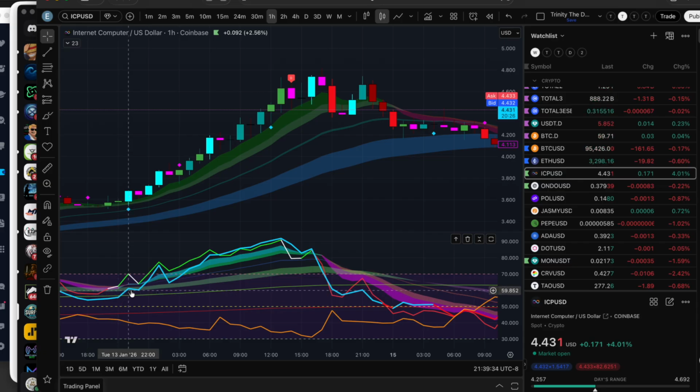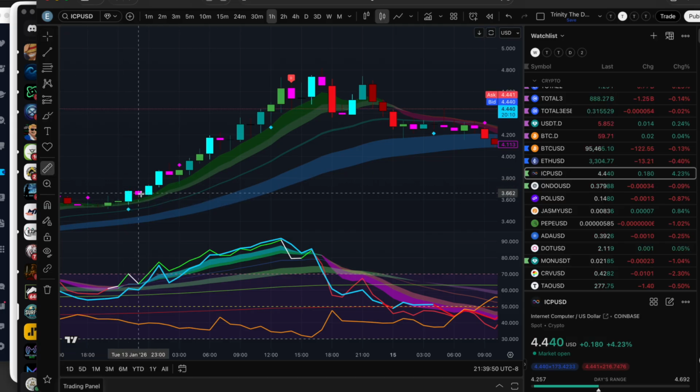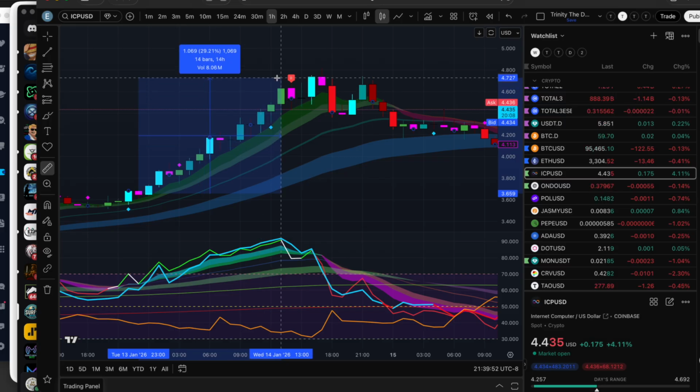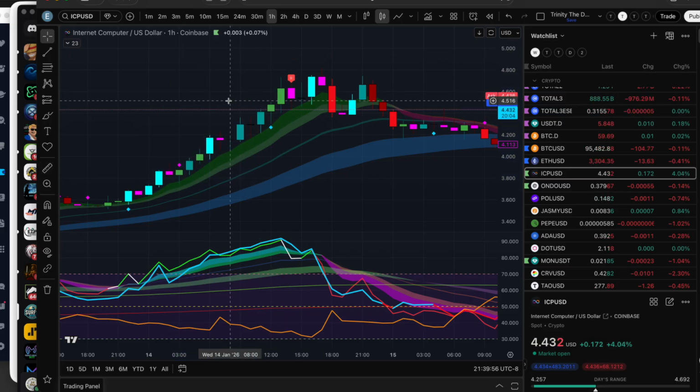Your CVD is bullish, and then your current RSI is also over that as well. And you're over the EMA ribbons on both the RSI and the current RSI. So you could have entered here on a swing trade with ICP, and that would have been, call it a 30% win for ICP.